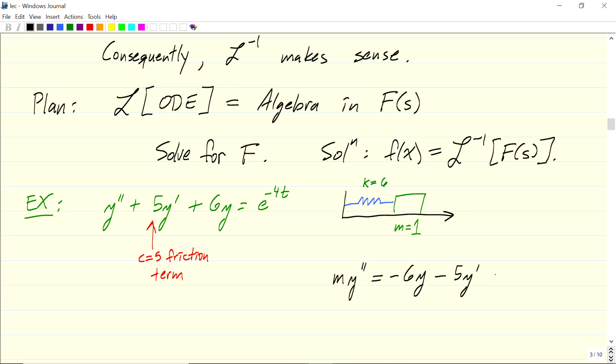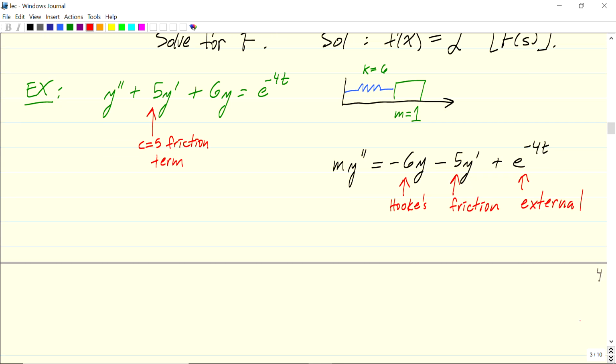And this other thing would be the net external force. So that's how you get an ODE from Newton's law. Anyway, I'm going to hit that ODE with a Laplace transform.